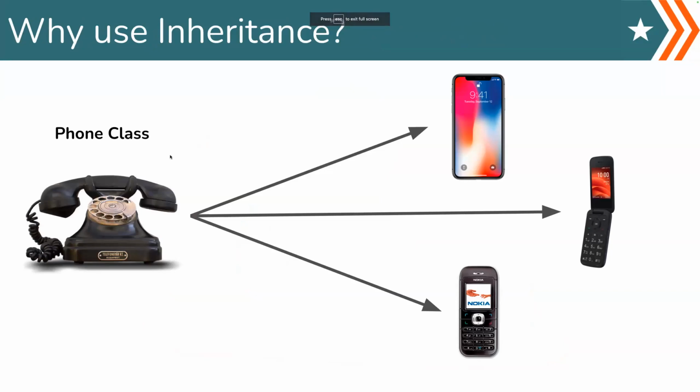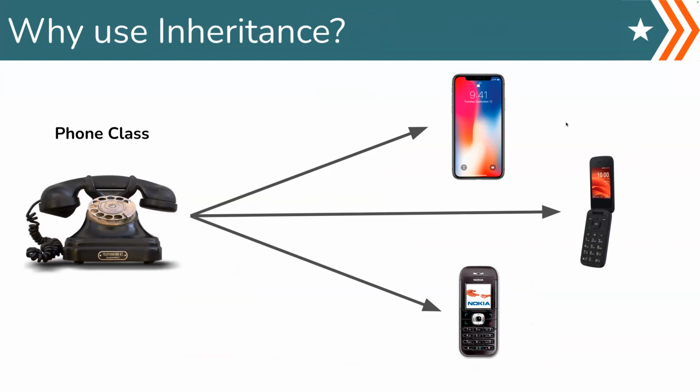Inheritance lets us create a parent class that other classes, called child classes, can inherit shared behavior from. Here the example is a phone class that is inherited by an iPhone class and a Nokia class and a Motorola Razr class or something like that, right?